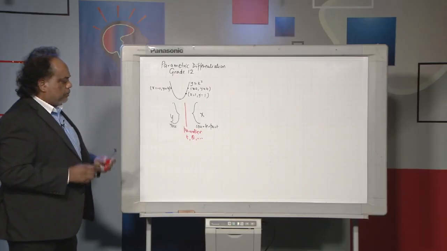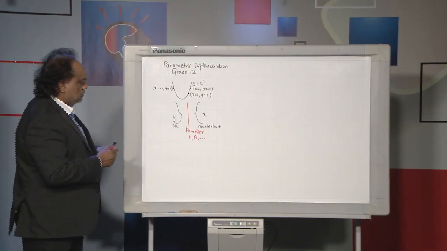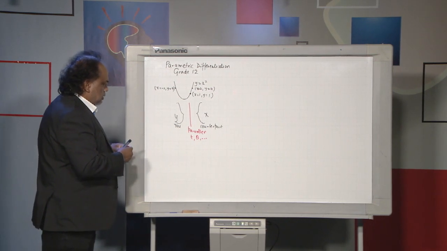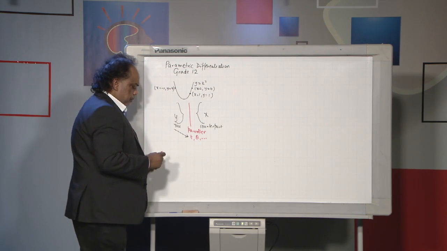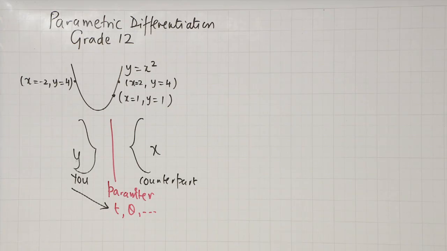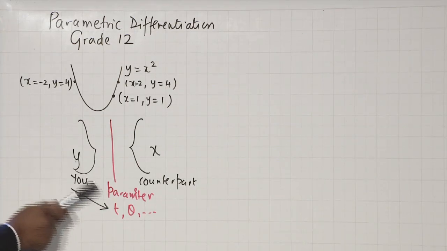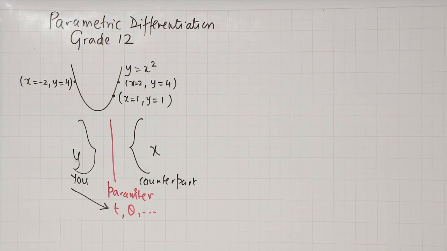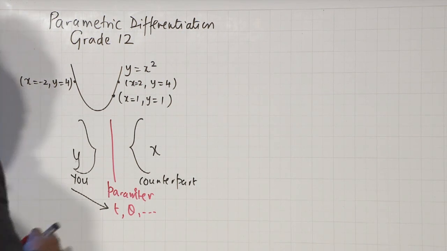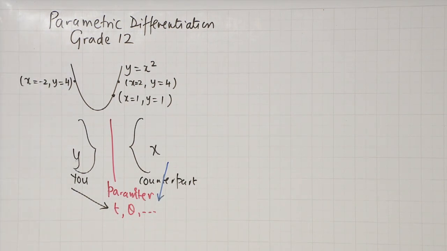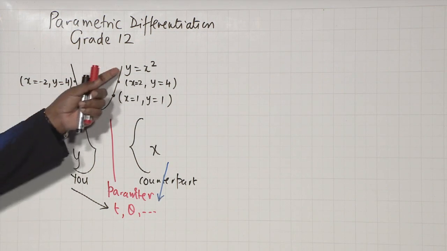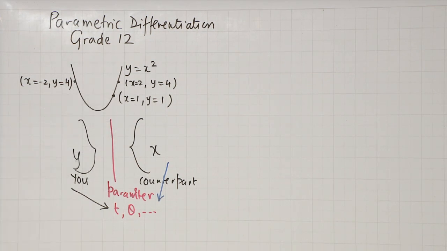So now what will happen is that you are going to talk to the interpreter. So I will have an equation connecting y to t. And then I will have another equation connecting x to the parameter. So instead of having one equation, here we had only one equation.